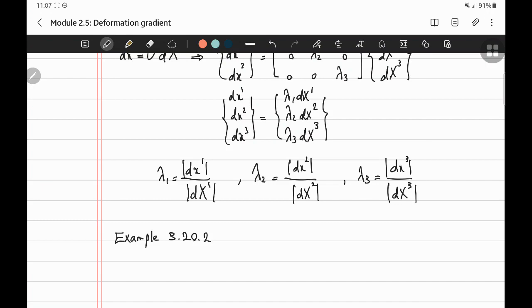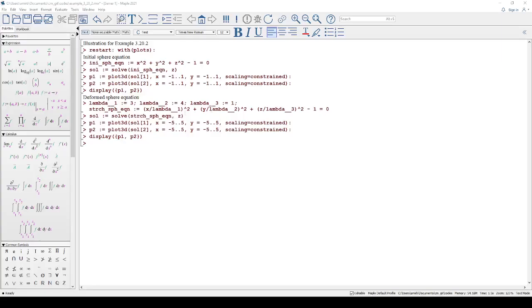We switch to Maple to also get a very nice visual illustration of this transformation matrix. All right, so here we are with example 3.20.2. Here I restart everything and import some necessary tools.